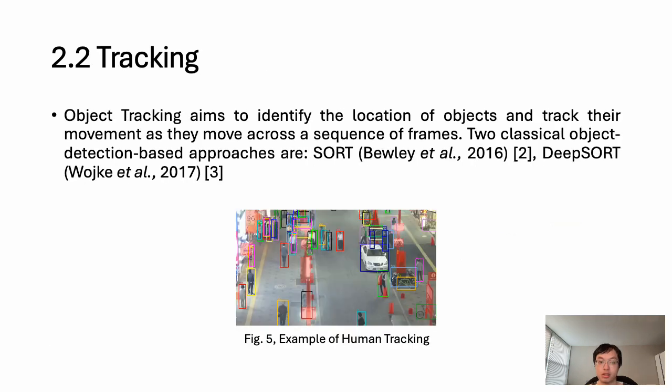Another related work to object detection is tracking. Object tracking aims to identify the location of objects and track their movement as they move across a sequence of frames, and is usually used in video tracking.